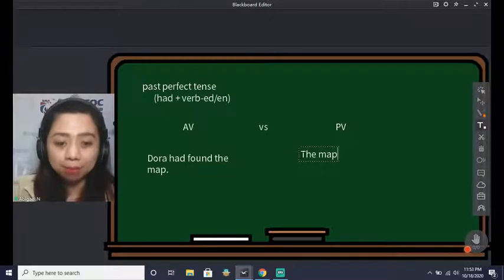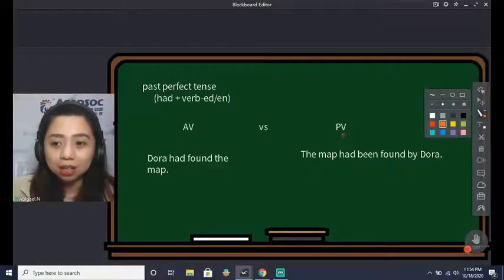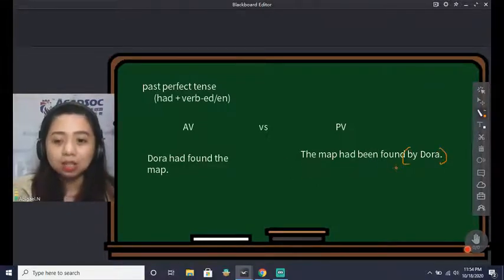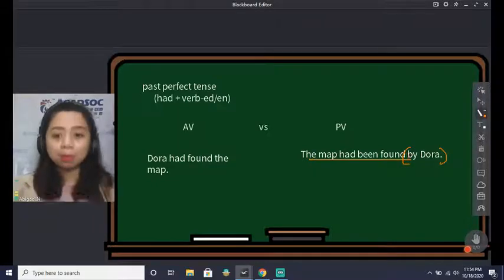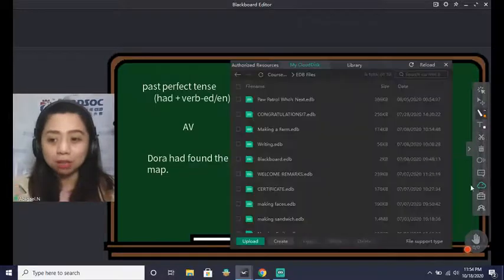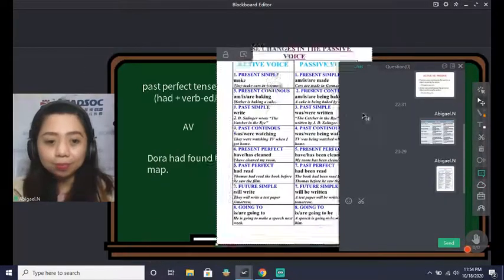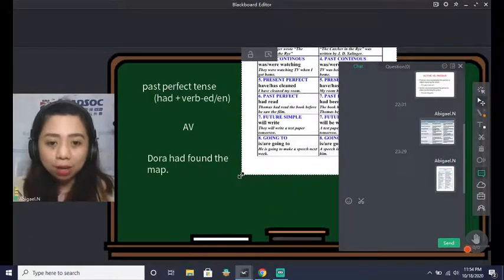The map had been found by Dora. That's it. Very simple, right? Or we can just take this as an option. You can say the map had been found, or the map had been found by Dora. I'll make it really quick. So we are done on past perfect.